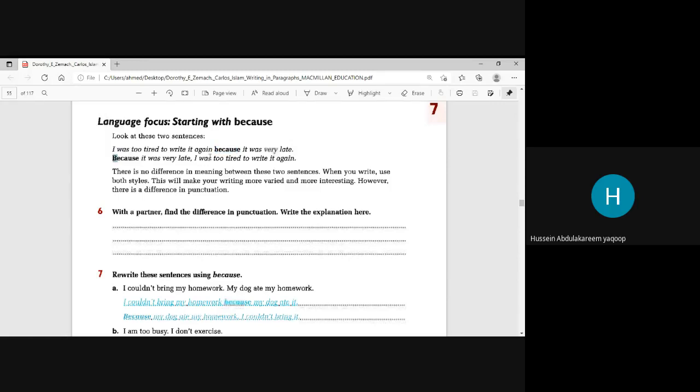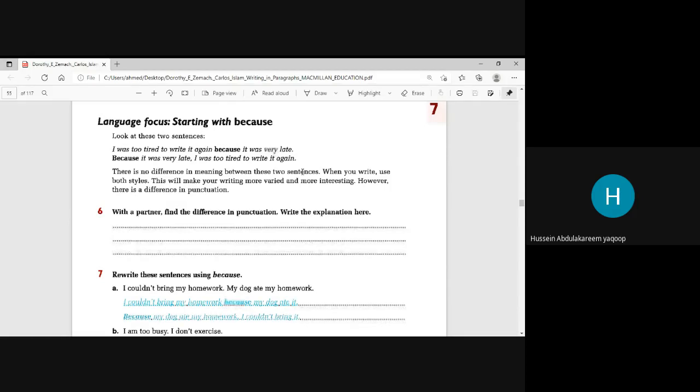So this is the only difference that we have when we use it in the middle or in the beginning. I was too tired to write it again because it was very late. We can also say, because it was very late, I was too tired to write it again. So you see here, there is no difference in meaning between these two sentences.